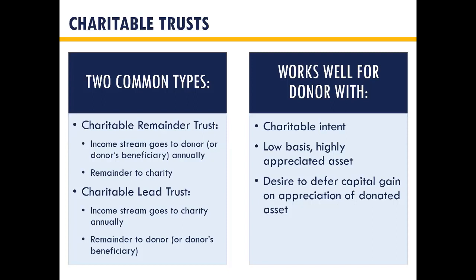So you don't necessarily want to put hard to value assets in a unit trust, because the trustee is going to have an appraisal or valuation done on those assets every year, which can be expensive. So a lot of times if you're going to put harder to value assets in, we typically see those as an annuity trust, because you set the distribution at the beginning and you don't have to revalue those every year.